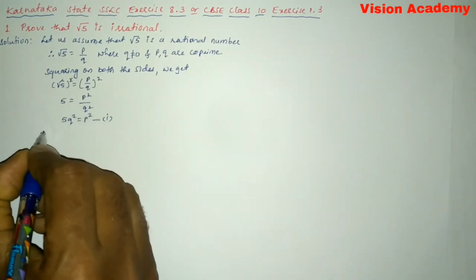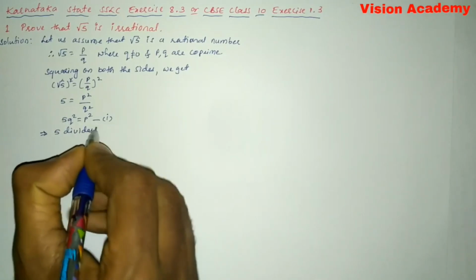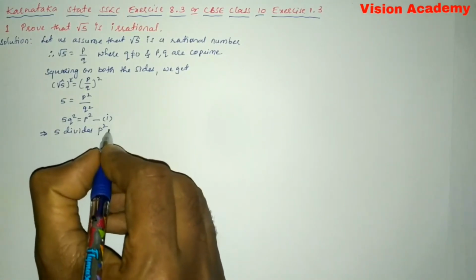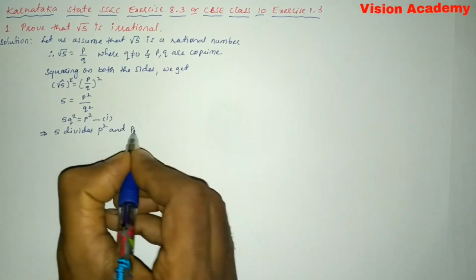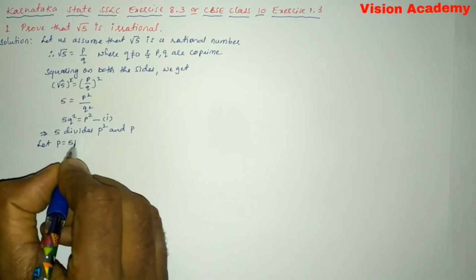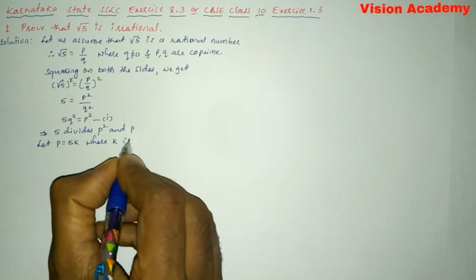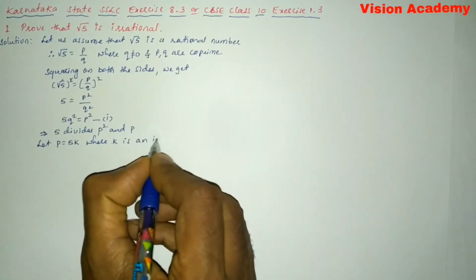So this implies that 5 divides p square and even p. Let p is equal to 5k, where k is an integer.